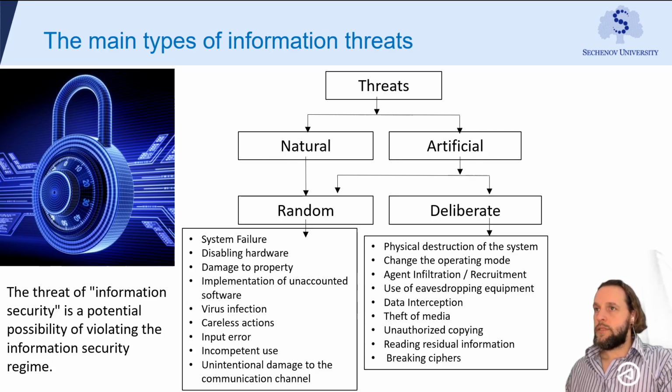And under natural, we'll have system failures, disabling of the hardware, damage of the property, implementation of unwanted software, virus infection, careless actions, input errors, incompetent use, and unintentional damage of the communication channels.